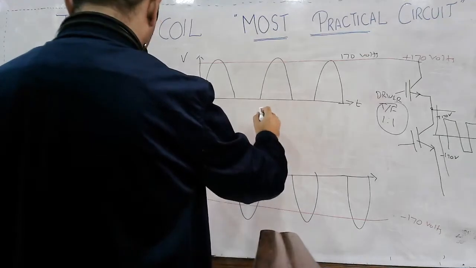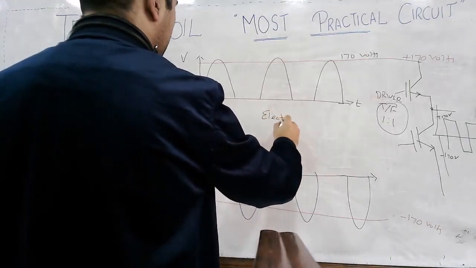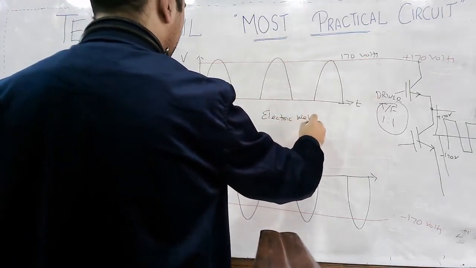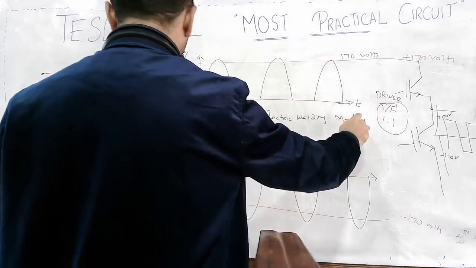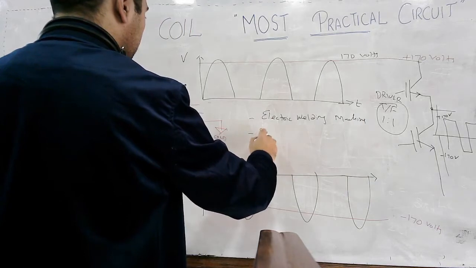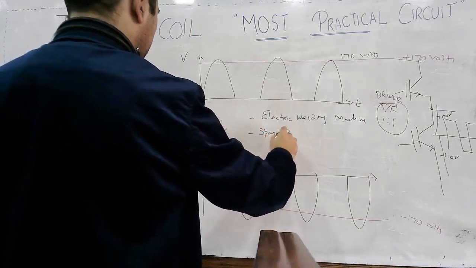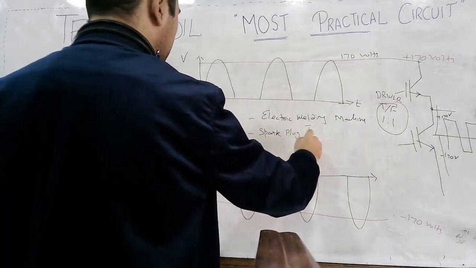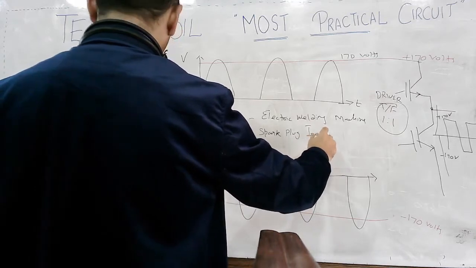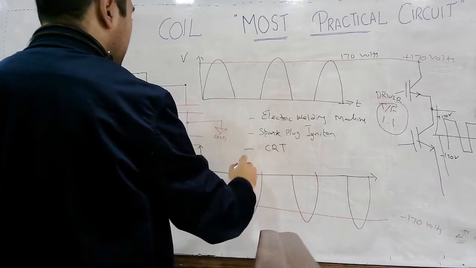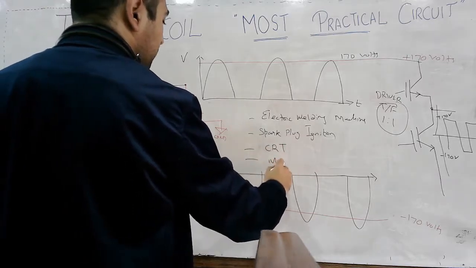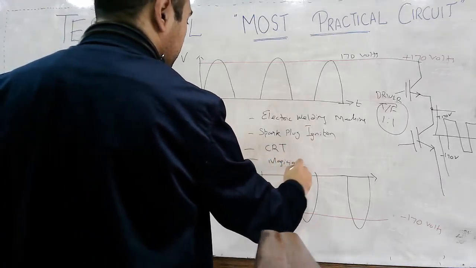They are used in electric welding machines. It is also used as a spark plug ignition in engines. It is also used in cathode ray tubes, and magicians also use this.